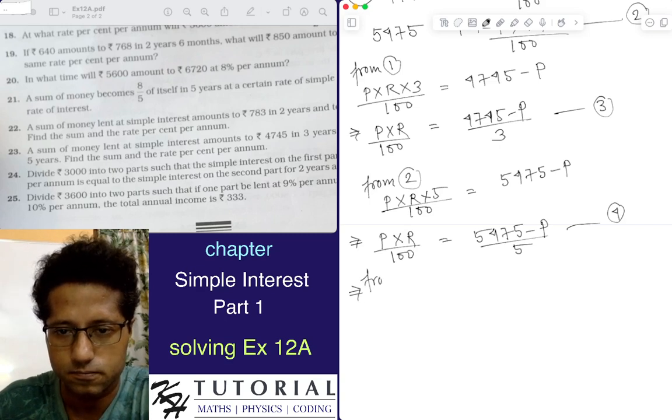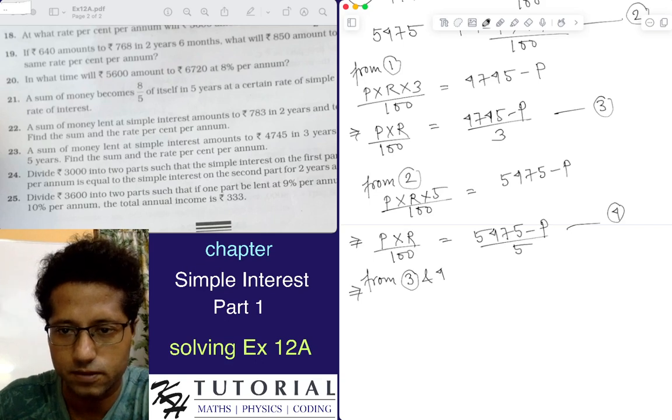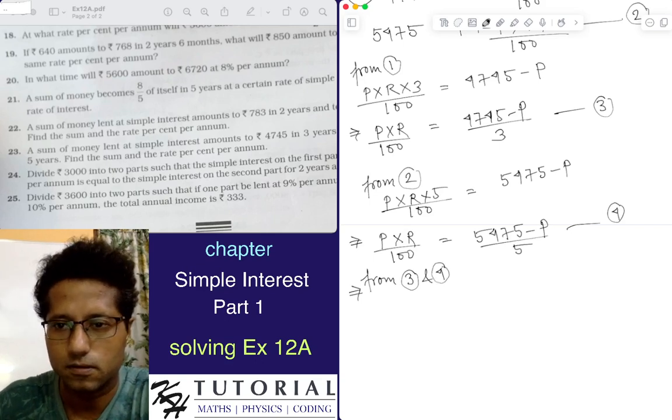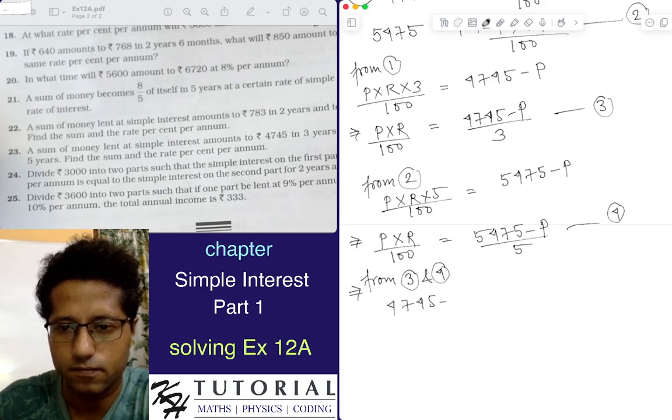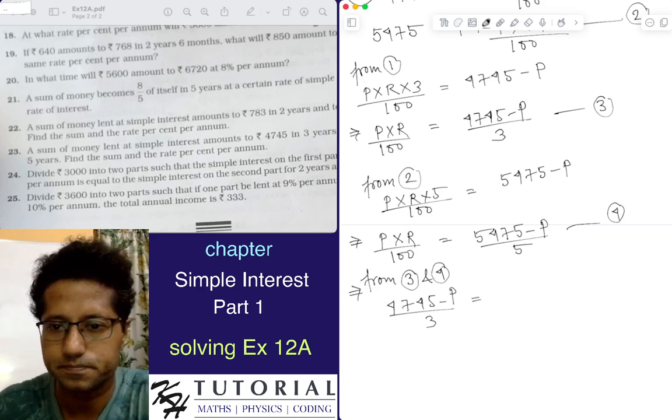From 3 and 4 we can say that 4745 minus P by 3 equals 5475 minus P by 5.